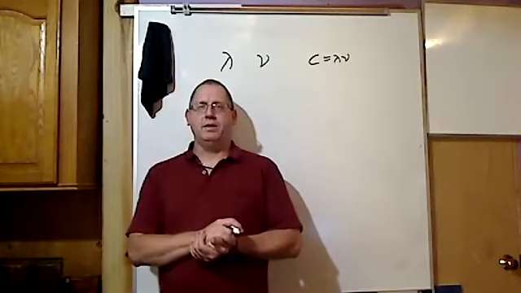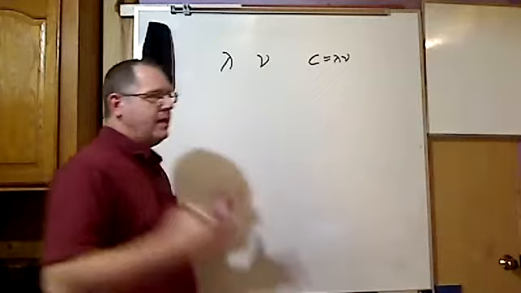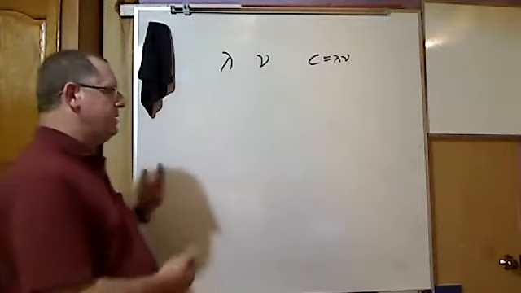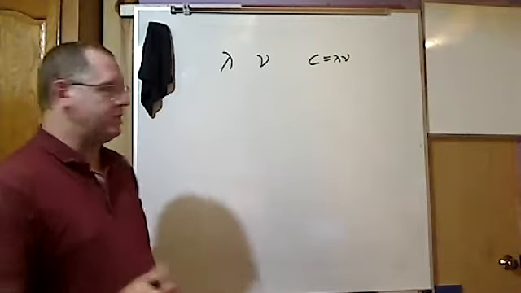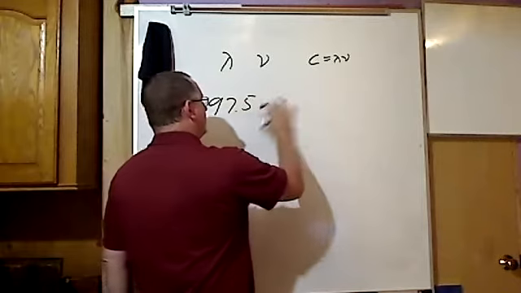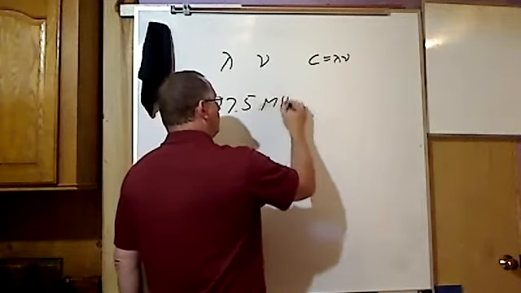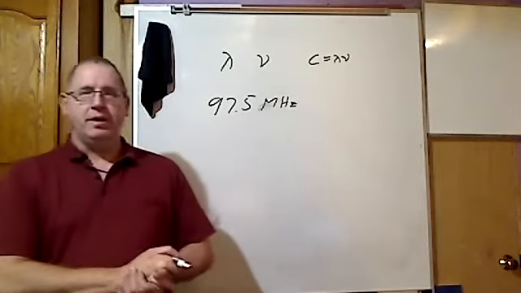And we are going to take a look at a couple problems here. The first problem is, let's say I have a radio wave, okay? And I just went and I Googled the first radio station in Wichita that came up, and I got 97.5 megahertz. Now, mega is a prefix that we should be familiar with.